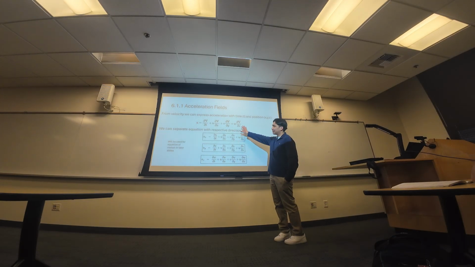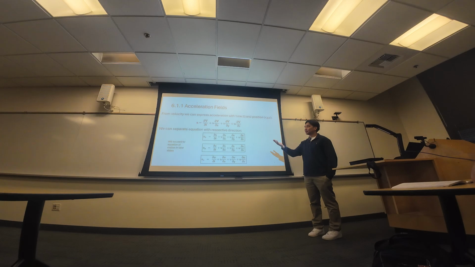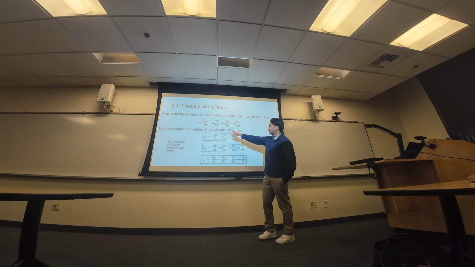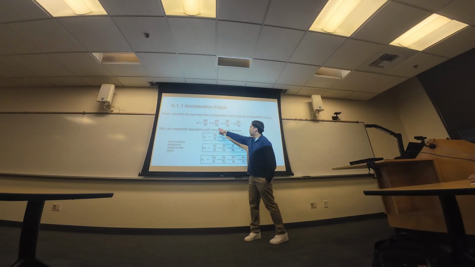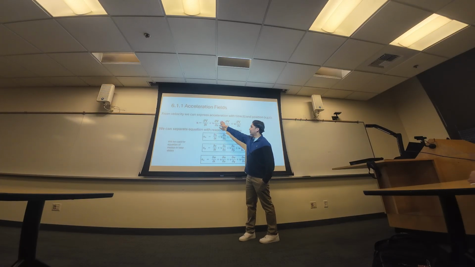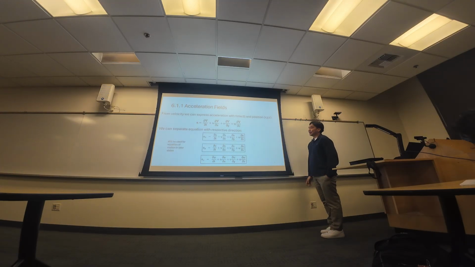These partial derivatives, this little backward 6, mean that in Calc 4 you have multiple variables in your equation, and you take the derivative with respect to the variable in the denominator. So with respect to time, if you have a function of x, y, z, and t, you take the derivative with respect to x, y, z, and t.